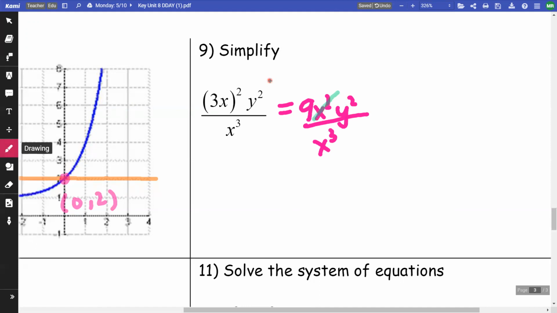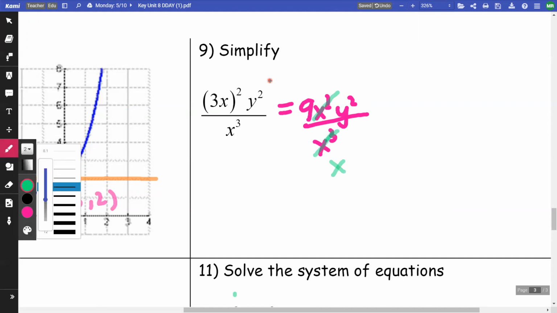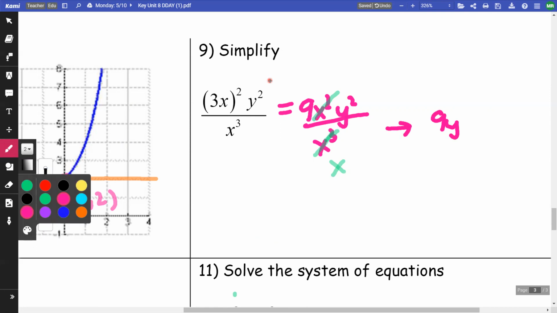So 2 of these are going to cancel with this, and I'm going to have just x left, or x to the first. So our answer for this would be 9y to the second over x. That's your answer.